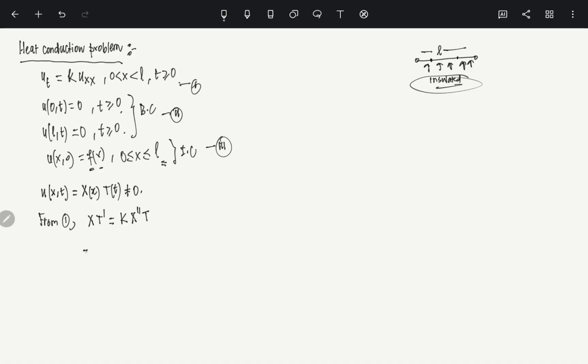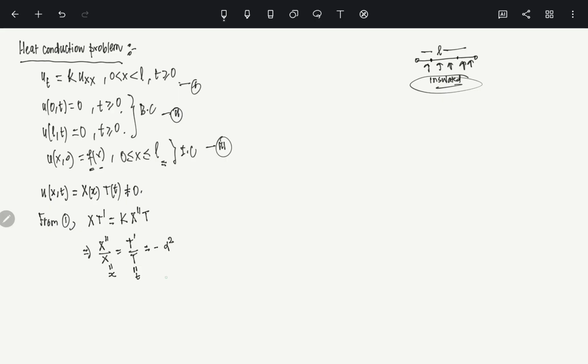What does that imply? It implies X double prime by X equals T prime by T, where one side is a function of x only and the other is a function of t only. So there is no other way but for this to be a constant.